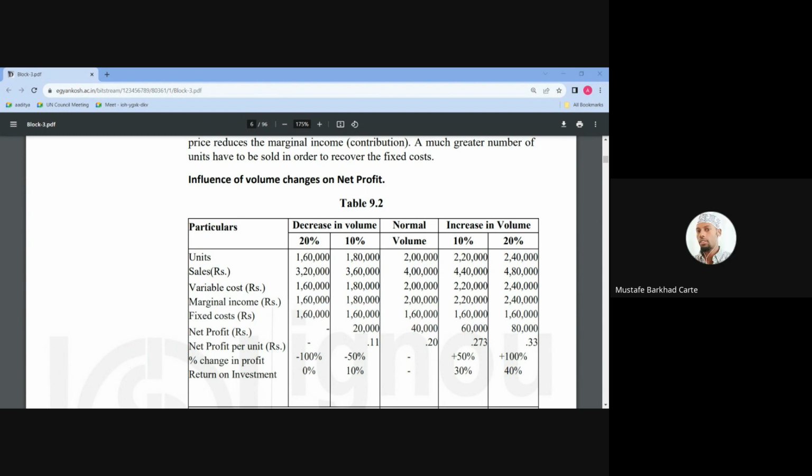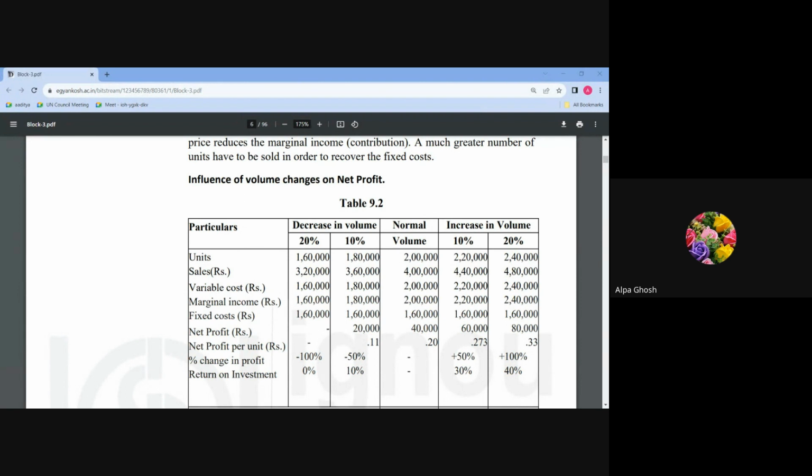Yes, ma'am, it's very clear. But we need further information. So now just look into the table for if there is a decrease of 10%, and the same way if there is an increase of 10% and 20%. Quickly just see to it and see if you are able to understand.